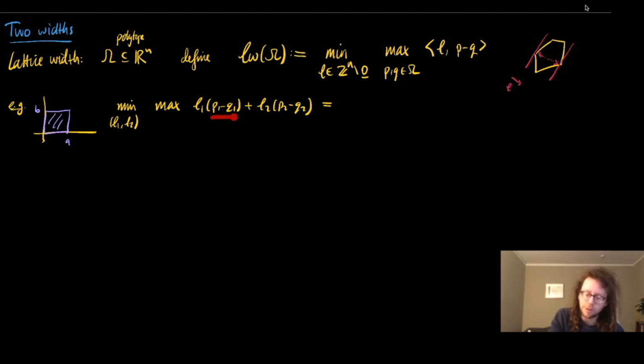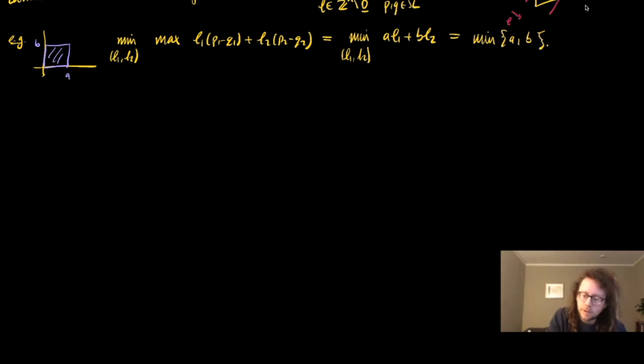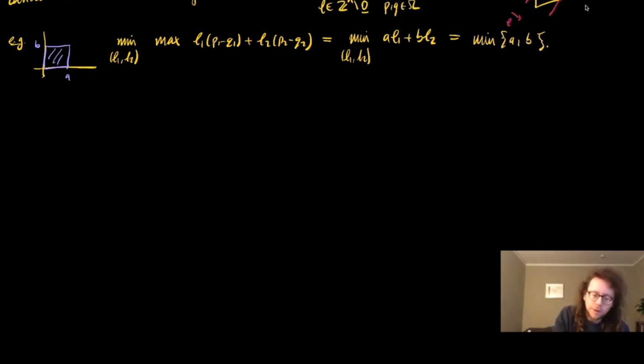Well, the biggest possible thing that the x coordinates could differ in is A. The biggest thing that the y coordinates could differ in is B. So this is just the min over L1, L2 of A L1 plus B L2, and this is just equal to the min of A and B. I'm not allowed to have them both be 0, so the next best option in this case is to have one of them be 1 and one be 0.